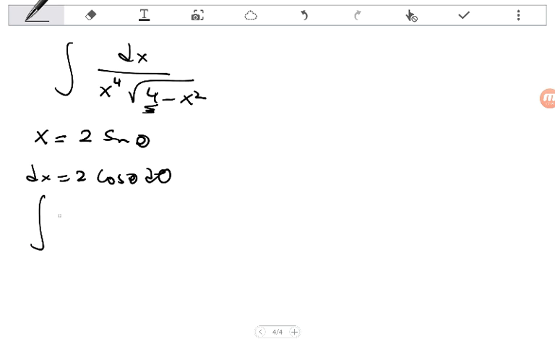Now I apply 2 cosine theta d theta over x power 4, which is 2 power 4 sine power 4 theta. Now I apply the root, where I take 4 out of the root, which will be root 4 over the root.